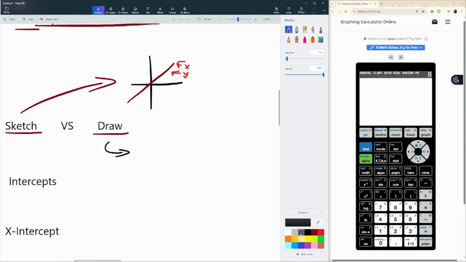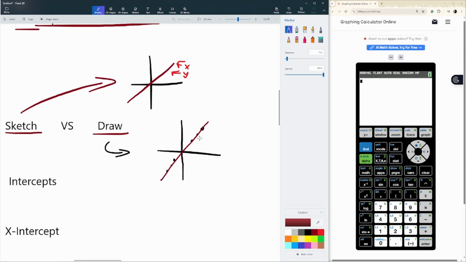However, when you're asked to draw your function, it usually gives more points and it is way more difficult. So when you have to draw, you have to map out every point in your function. You have to clearly use not a pen, but a pencil and a ruler to get something like this.